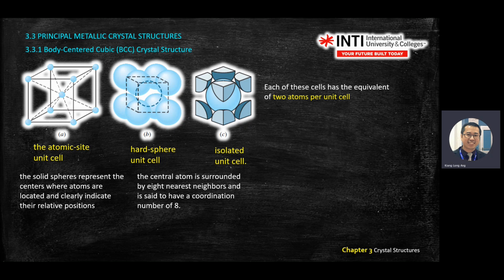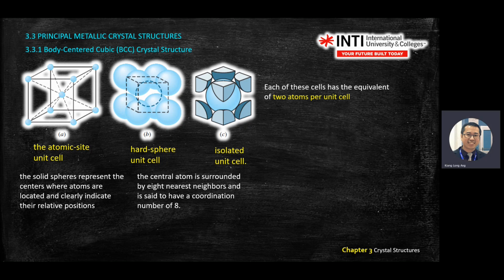Okay, for BCC, when you go to isolated unit cell, in material science, we can say in one cell for BCC, there are 2 atoms per unit cell. It means inside 1 unit cell, like 5 watermelons, you chop, then you combine again all the watermelon that you chop, you will see 2 watermelons.